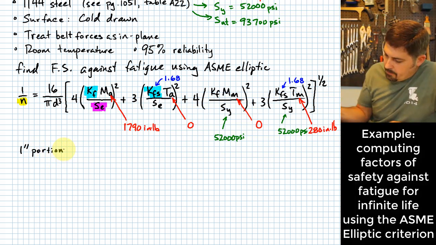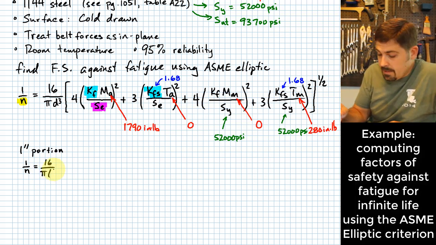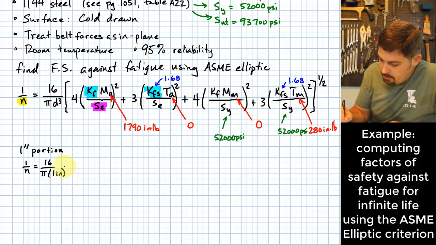Okay, and for that 1-inch portion of the shaft, my 1 over n is going to be equal to 16 over pi times, remember the d there is going to be 1 inch. That will be cubed, although it doesn't really matter other than just make sure the units are correct.